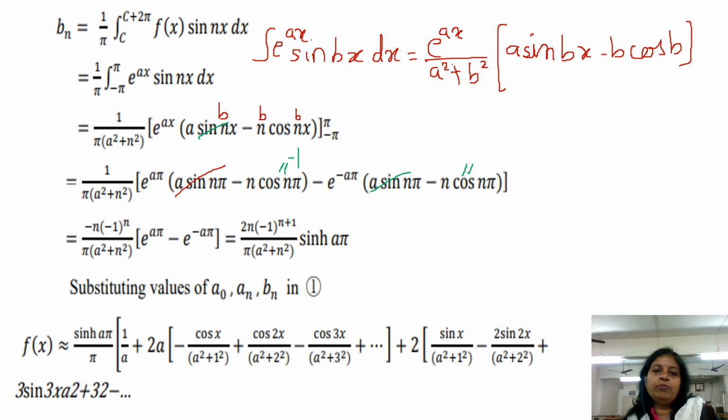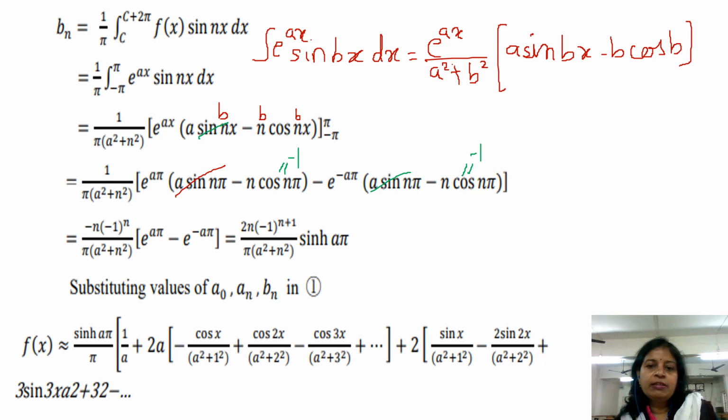Here also you put minus 1, and then you take cos n pi outside. This is cos n pi. Minus sign also you can take outside. Minus n, minus 1 to the power of n upon pi a square plus n square, e to the power of a pi minus e to the power of minus a pi.